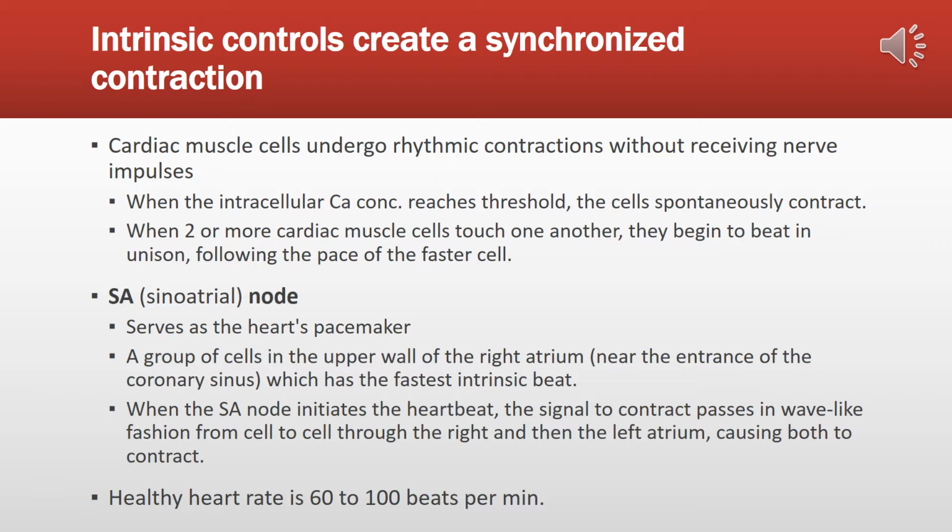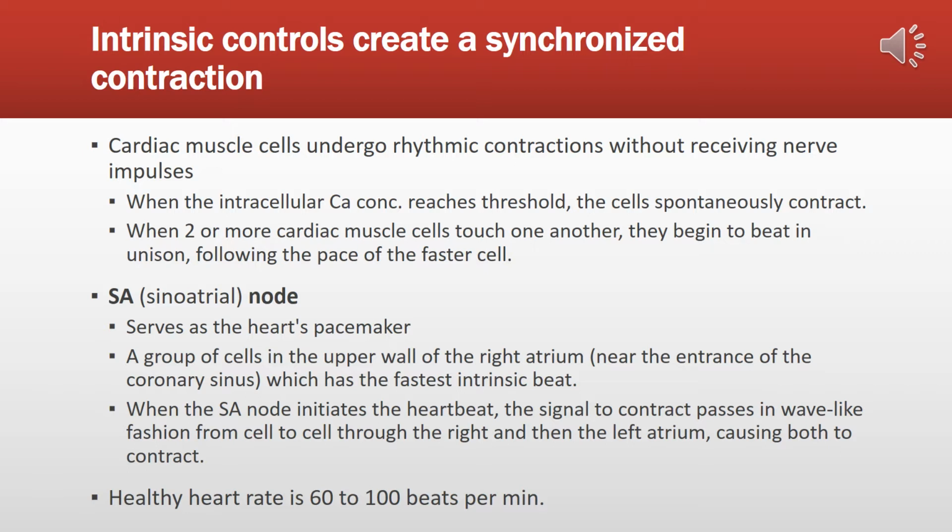So the actual part of the heart that serves as the intrinsic control is the SA or sinoatrial node. And this is the node which is called the heart's pacemaker. It's actually a group of cells in the upper wall of the right atrium near the entrance of the coronary sinus, which is basically just a blood vessel which brings blood to the actual heart tissue. And this group of cells has the fastest intrinsic beat.